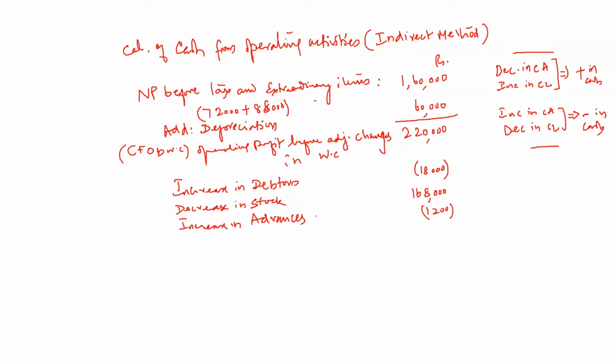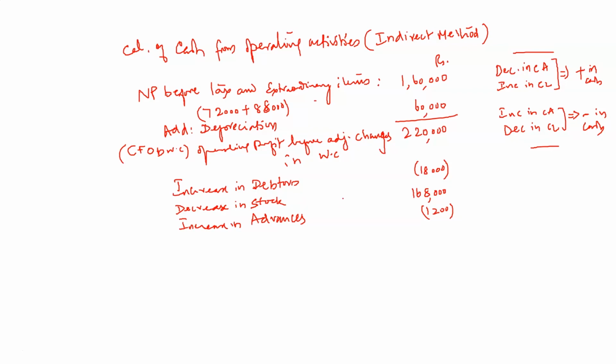All these aspects are calculated by preparing the respective ledgers in case of direct method. Whereas here, we first calculate the operating profit or cash from operations before adjustment of working capital, and then we do the adjustments with regard to increase or decrease in current assets and current liabilities.